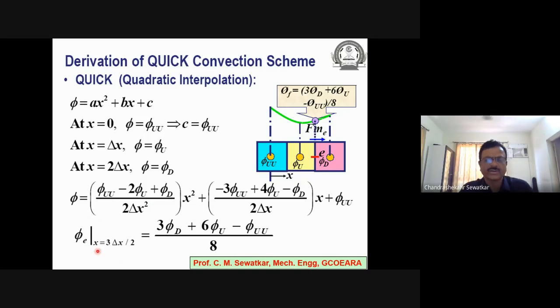So phi e, at x equal to 3 by 2 delta x, I obtain the expression in terms of cell center values, that is phi d, phi u, and phi uu. This is my expression for the QUICK convection scheme to determine the value of the variable on the east face.